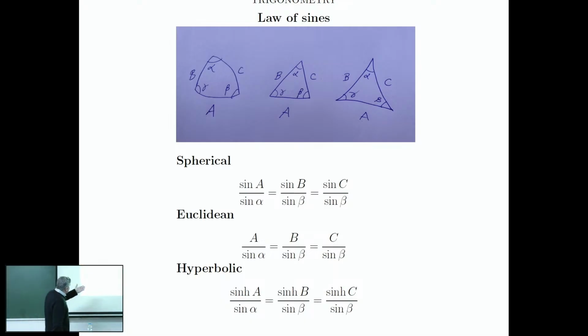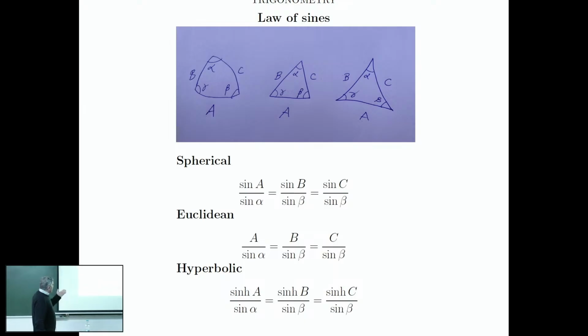The Euclidean law of sines, which you know, is A divided by sine alpha equals B divided by sine beta equals C divided by sine gamma. You know this, right?